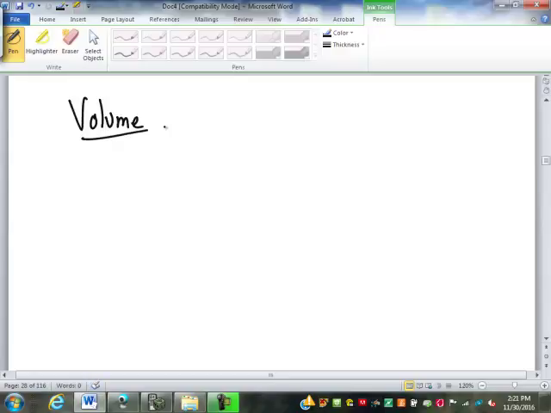Let's talk about volume. Volume is our next step from areas. We defined an area to be a length that was moved through a distance, a perpendicular distance, to create that two-dimensional object.